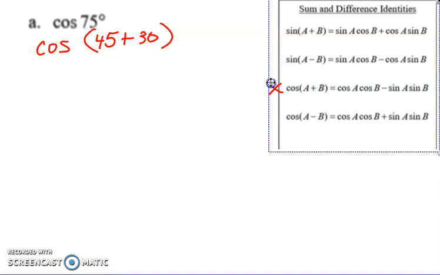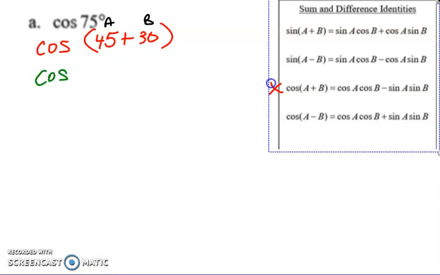So we split this to the cosine of 45 plus 30. Let's let A be 45 and B be 30. If you flip them, your answer will ultimately come out to be the same thing. So no worries there.